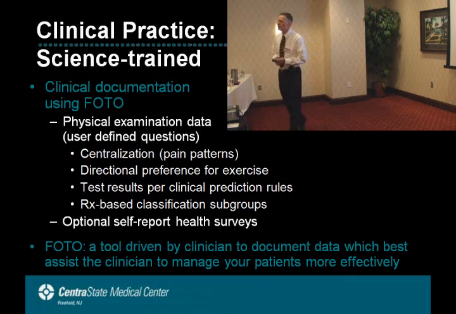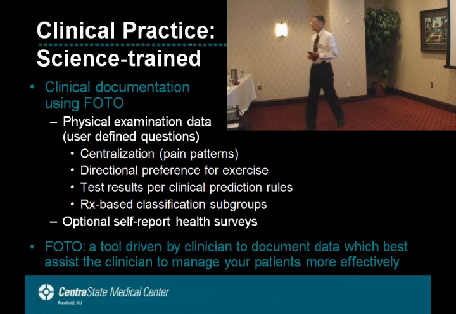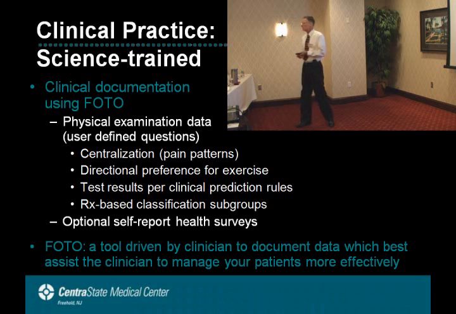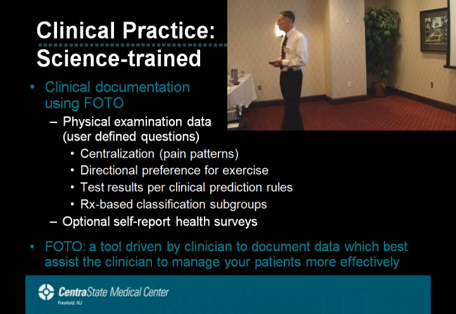I'm also interested in test results from clinical prediction rules. Does that sound familiar? Clinical prediction rules is basically what we're all hearing about in the low back pain literature, and that's being driven by Julie Fritz and others. So I'm tracking that because it's evidence-based. And that's driven my interest in treatment-based classification subgroups.